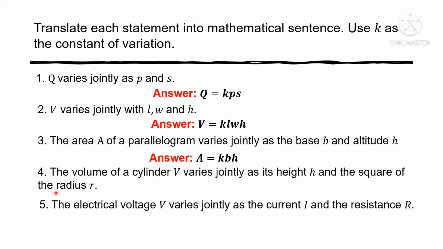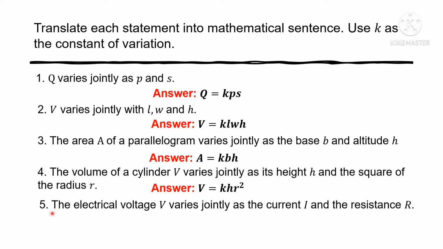And number 4. The volume of a cylinder V varies jointly as its height H and the square of the radius R. So the answer is V equals KHR squared.